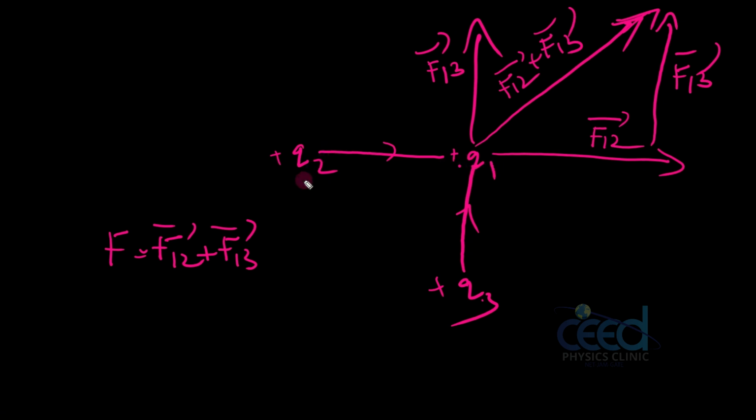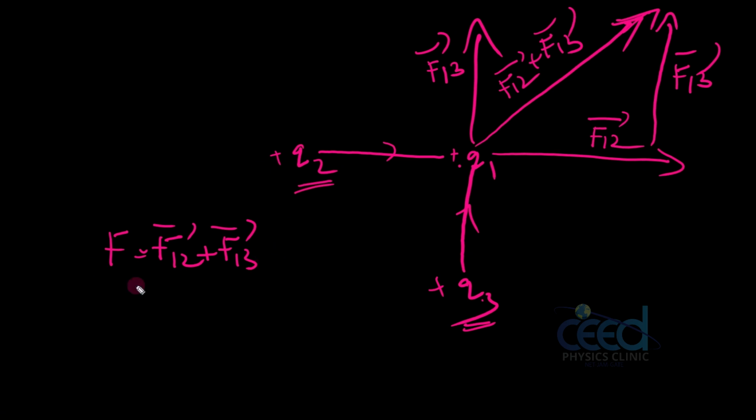The other charges are Q2 and Q3, so if you add the forces by these two charges, F12 and F13, then you will get the net force. That is by definition.